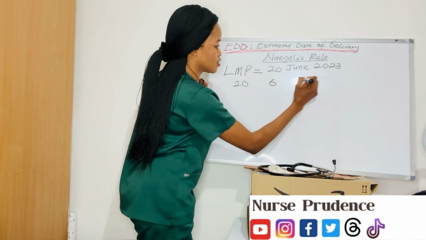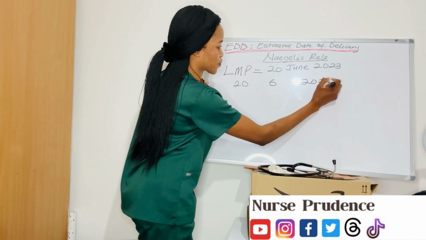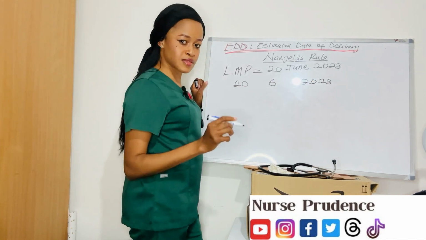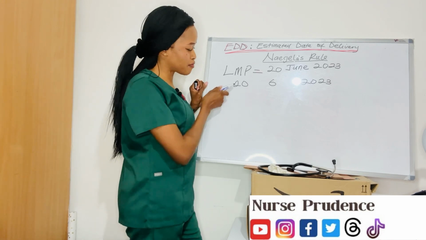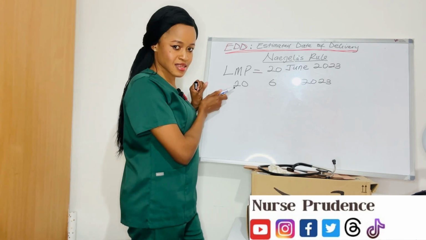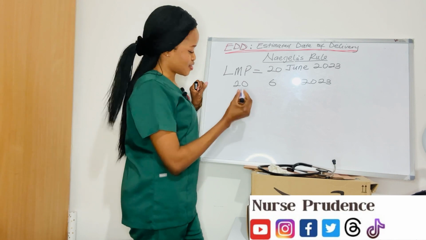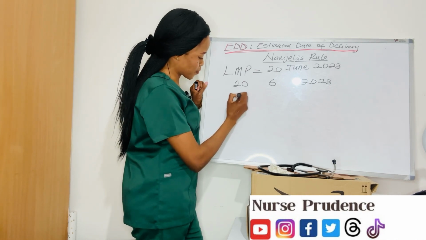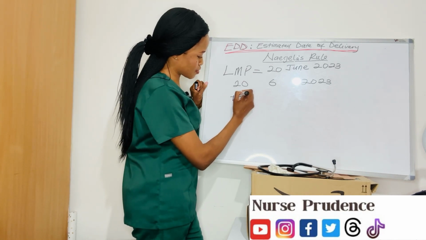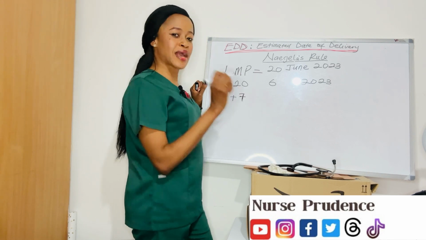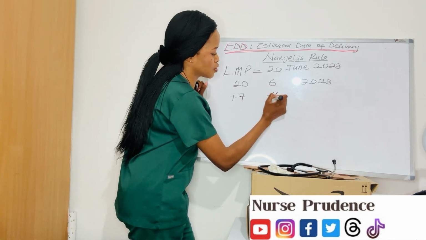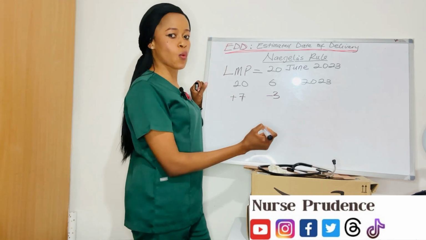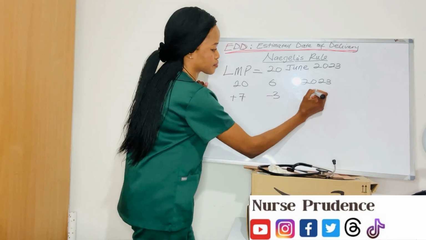Yes. Then 2023. Now, the rule says you have to add 7 to the number of days. So this is 7 to 20th of June. Then minus 3 from the month, which is June, minus 3. And then add 1 to the year.